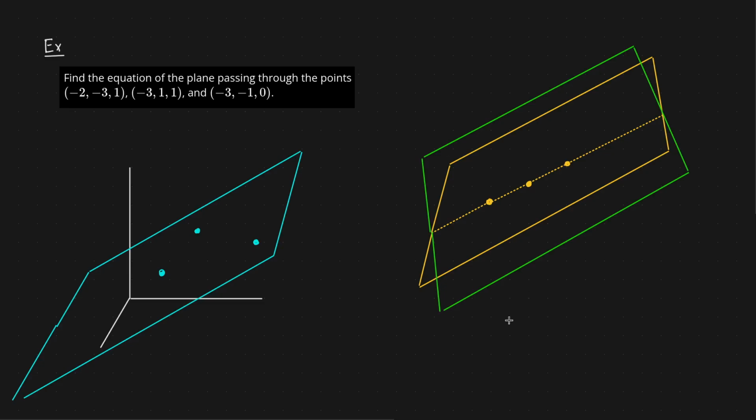Okay, so generally 3 non-collinear points determine a plane.